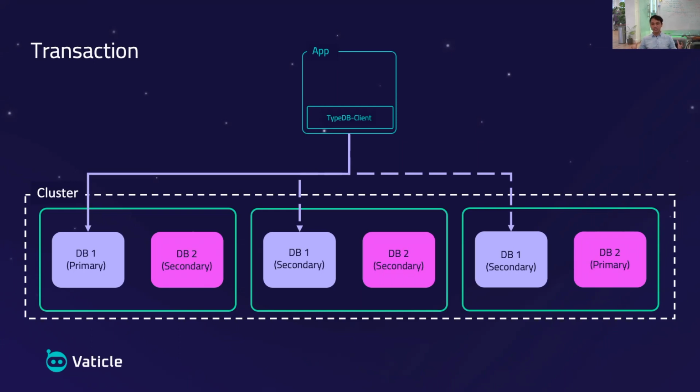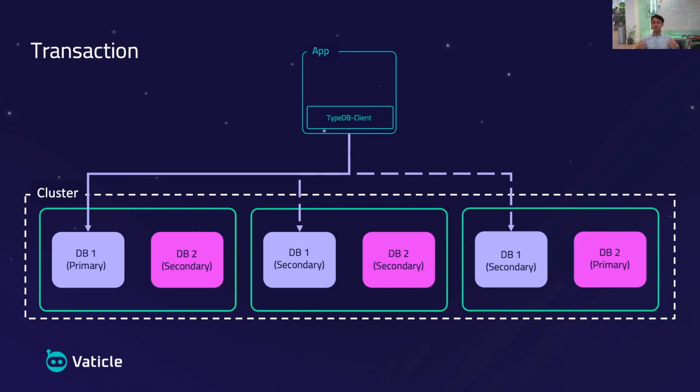So the key takeaway from this explanation is that the application can use TypeDB client in a way that is fully transparent. The application doesn't need to know that there are multiple servers to connect to. It doesn't need to make its own decision for how to connect to each of the servers and under which circumstances, because all of this is already taken care of by the client automatically.